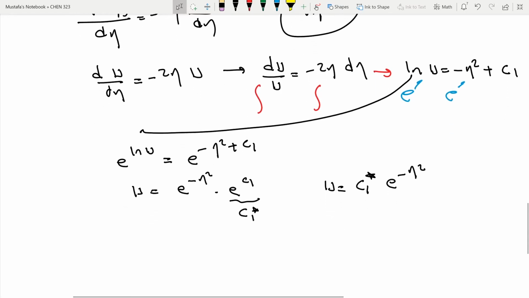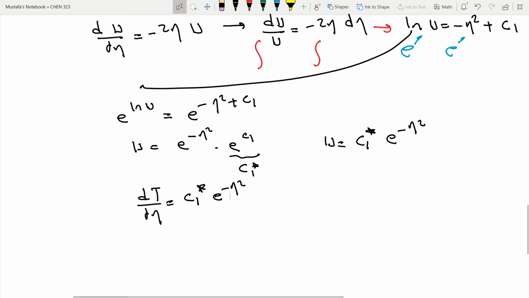So that means dT by d eta is equal to C1 star e to the minus eta square. Okay, so this is the equation. I can rearrange this slightly. So I can call this dT is equal to C1 star e to the minus eta square d eta.